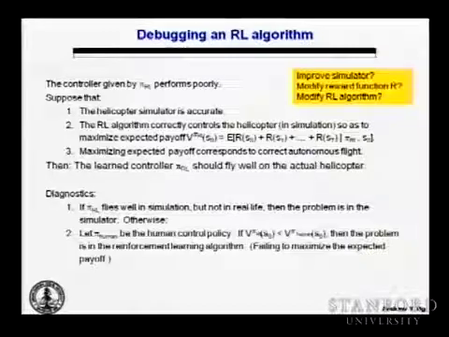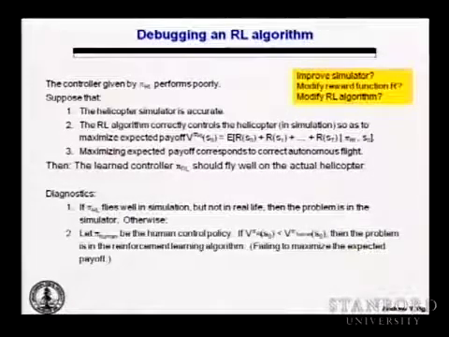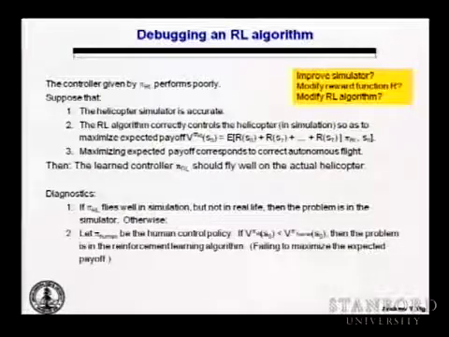So this shows that your reinforcement learning algorithm is not maximizing the sum of rewards.